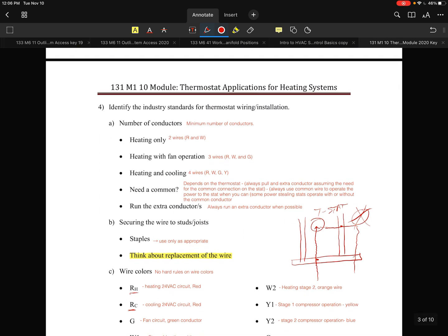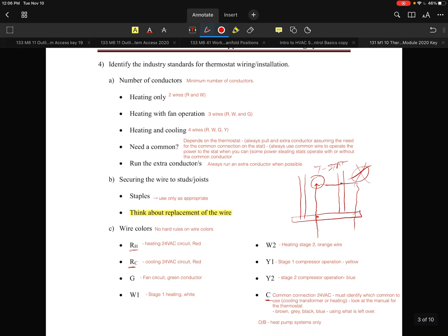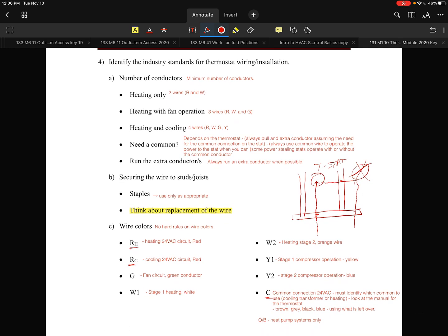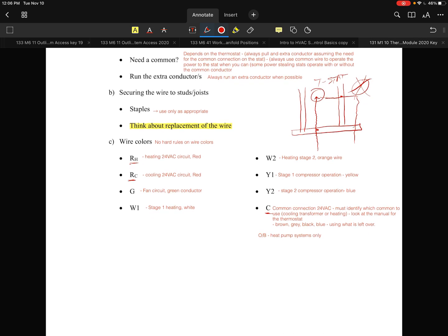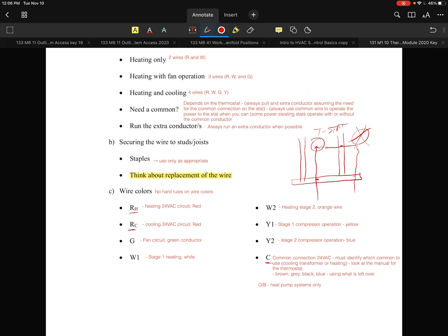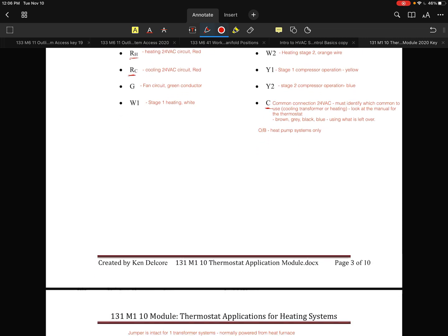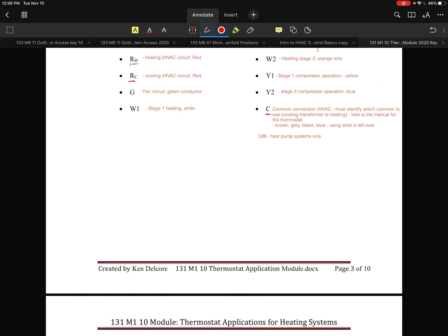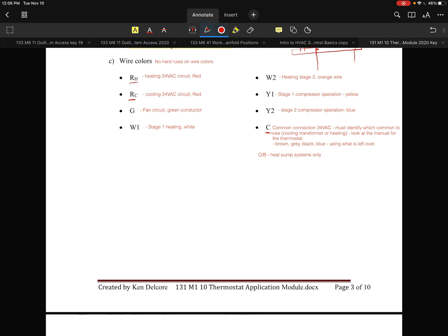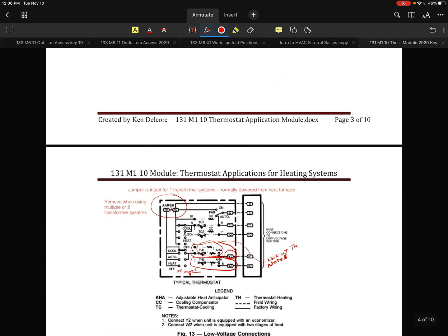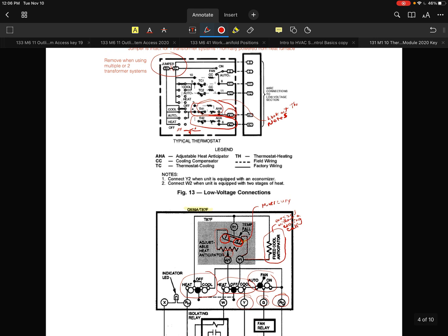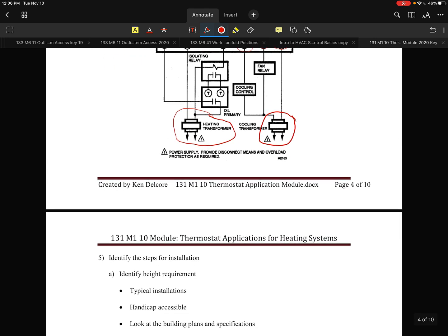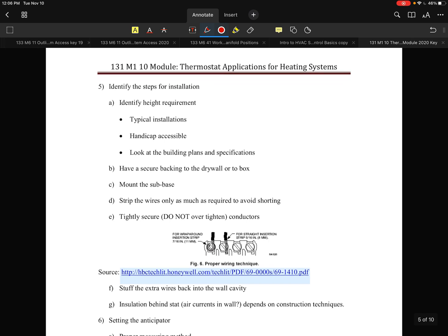Talked a little bit about cooling anticipators, as well as some of the industry standards for thermostat wiring and installation, such as whether I should staple them, how many minimum conductors I should need, and what those typical conductor applications are. As well as a couple of samples of single and dual transformer systems in it.